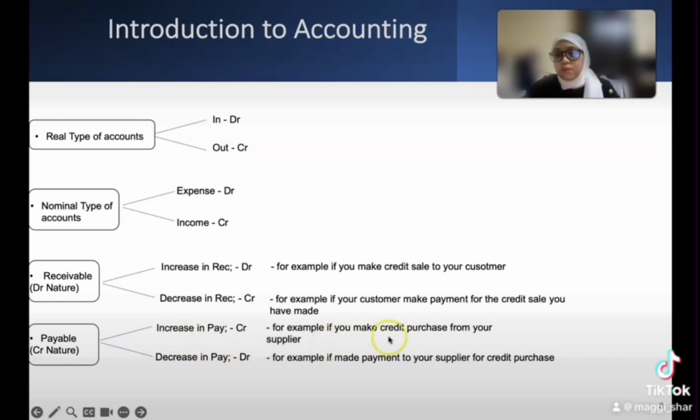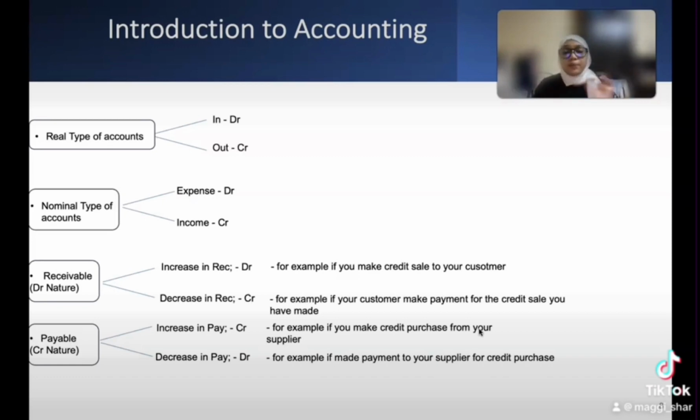For example, if you make credit purchase from your supplier, you are going to purchase something from your supplier on credit, you are getting something from your supplier, but you are not paying your supplier now. You will pay later.